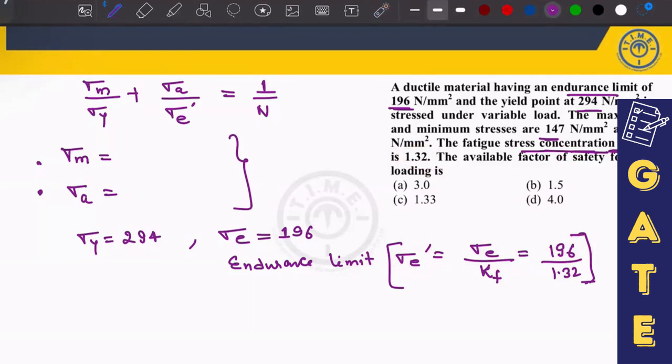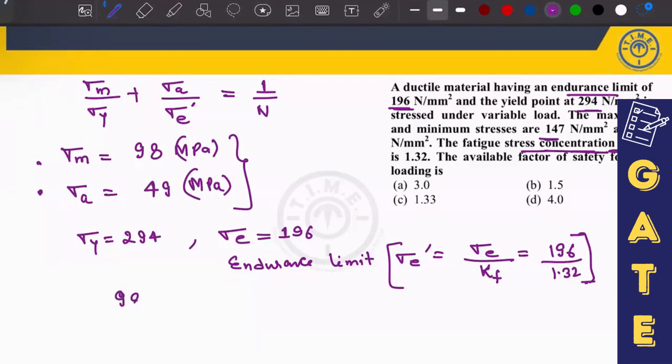So mean stress, can you please tell me what is the mean stress? How much mean and variable? Okay, so the mean stress you are getting as 98 megapascal, and the variable stress is 49 megapascal. So now you have to calculate with the endurance limit.